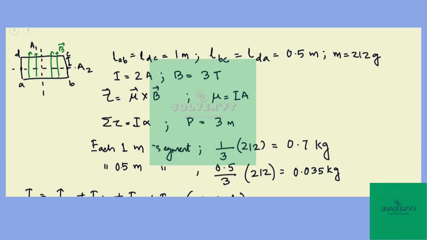Now the moment of inertia of AB or CD: we are treating these two segments as point masses, so the moment of inertia will just be the mass of the segment times the distance from the axis, which is 0.25 meter.